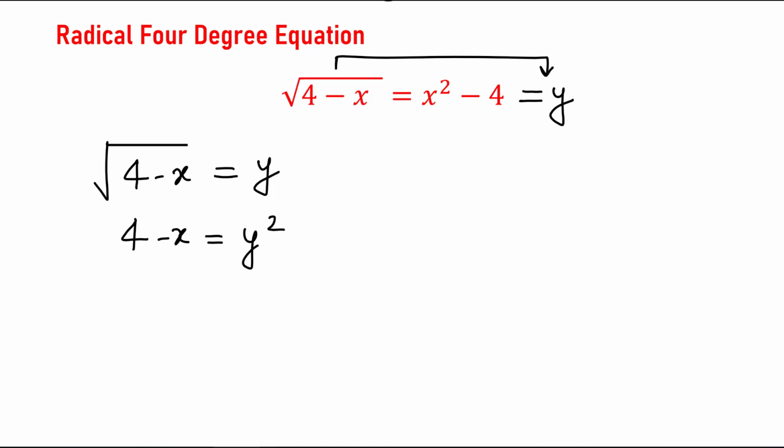If I take 4 to that side, I will have minus x is equal to y square minus 4. So I can say y square minus 4 is equal to minus x. So this is my first equation.